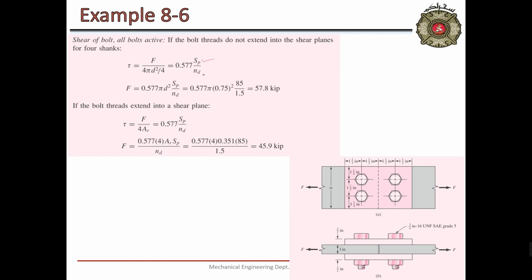SP is the proof strength in case of axial loading. Why have we multiplied by 0.577?